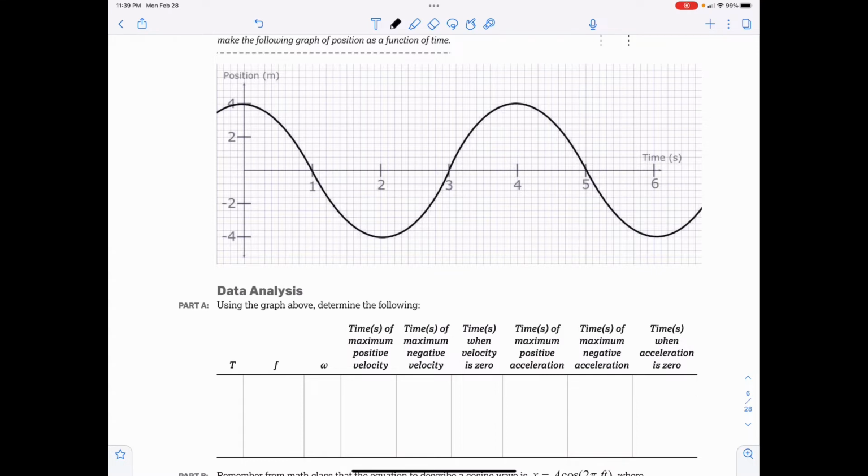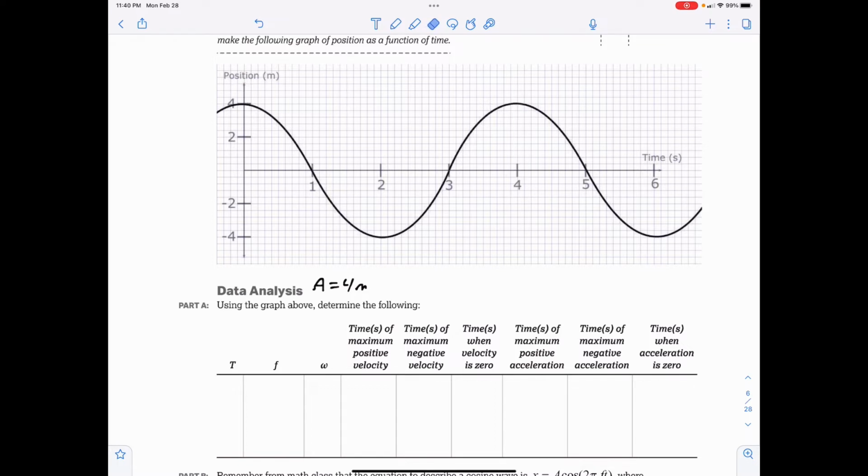Okay, so one of the first things I notice is that the amplitude is equal to 4 meters. That's going to come in handy. The period, we can see it goes from the top of the crest here to the top of the next crest, and that happens to be 4 seconds.